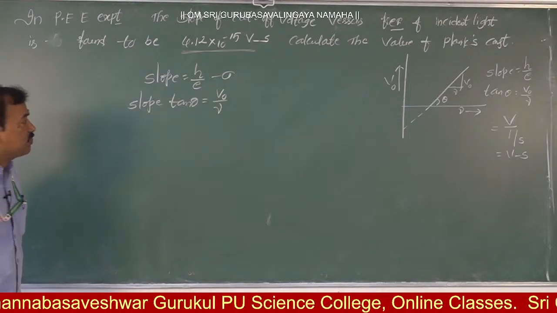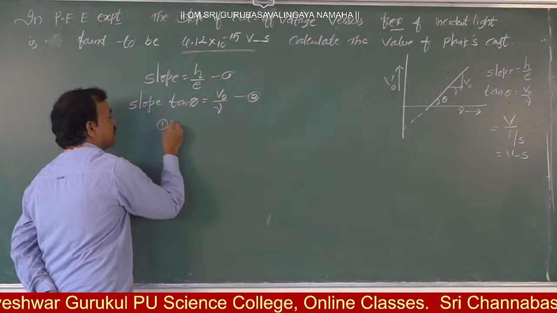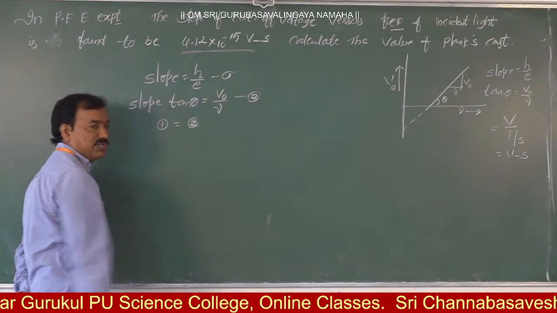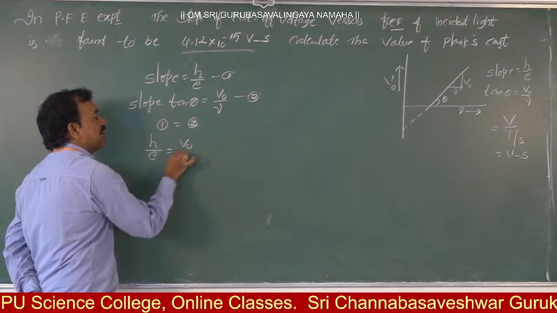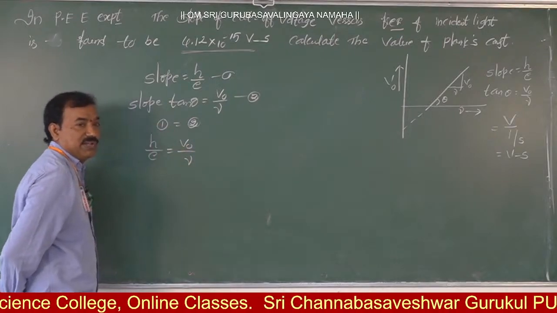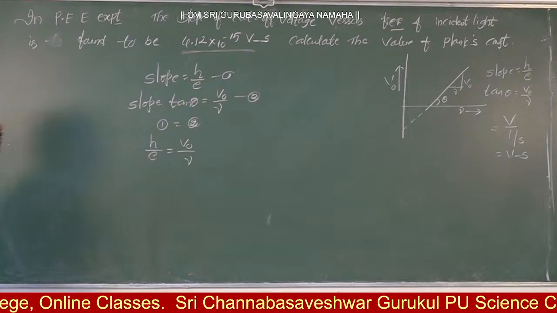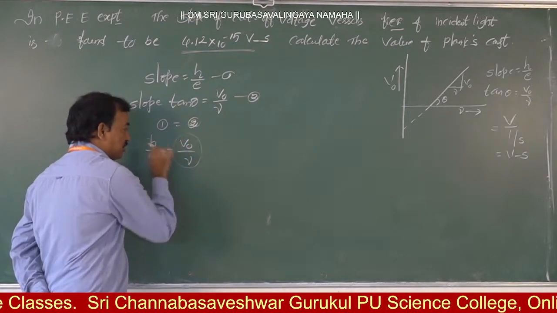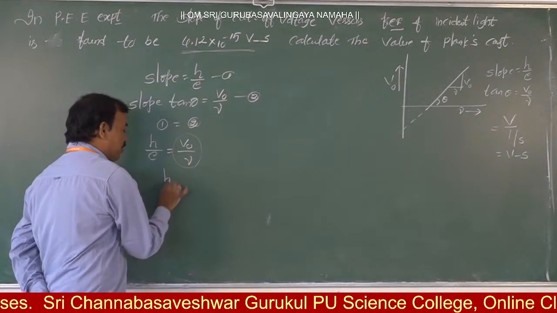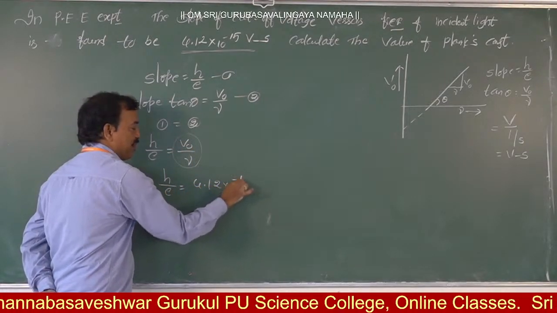From these two equations, equation 1 is equal to equation 2. So h by e is equal to V naught by nu. How much is V naught by nu? This value is the slope, which is given: 4.12 into 10 to the power of minus 15.